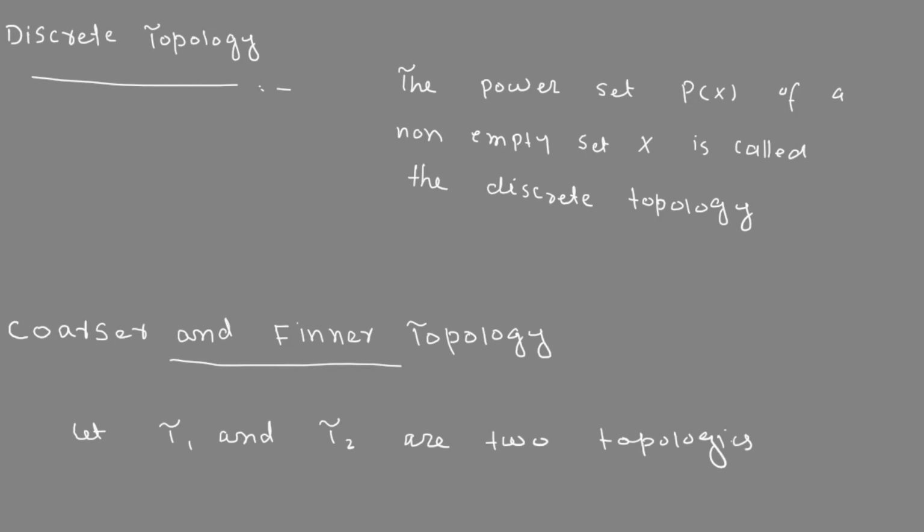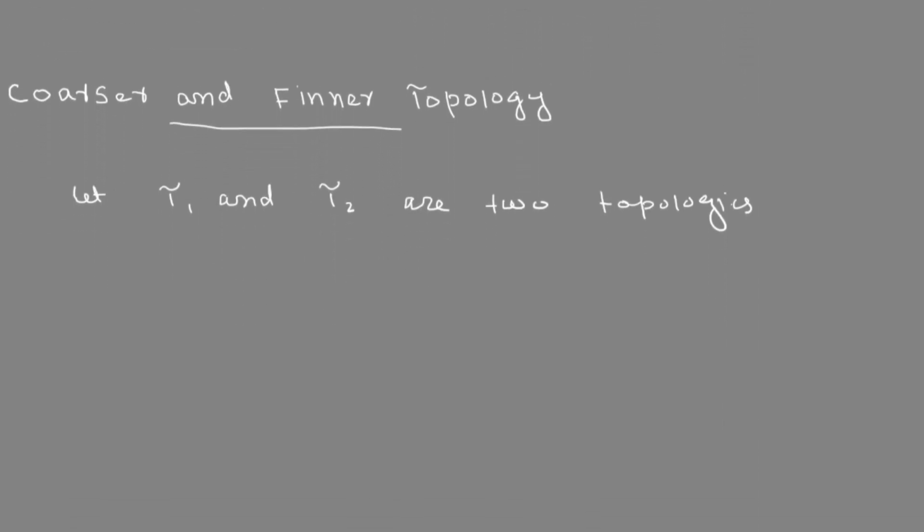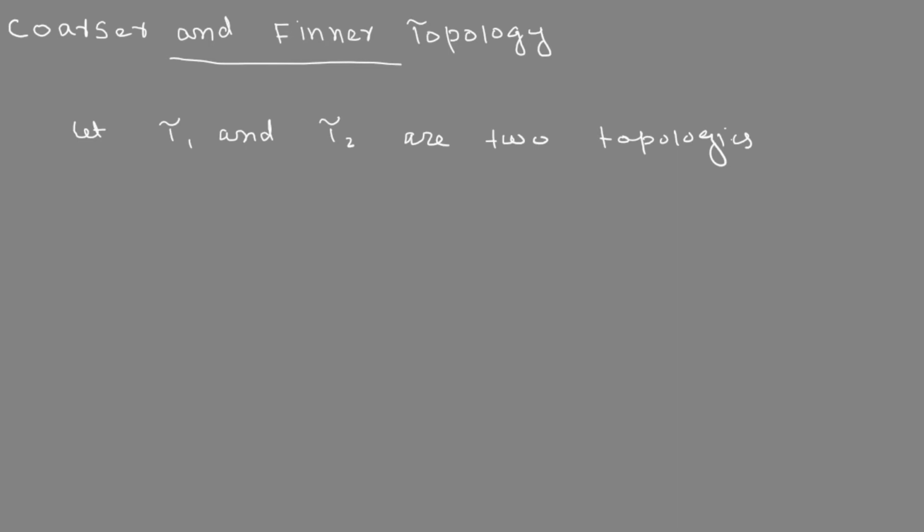Okay, if tau1 and tau2 are two topologies, and there is one condition: if tau1 is contained in tau2, that is, each member of tau1 is also a member of tau2, then tau1 is said to be coarser or weaker.